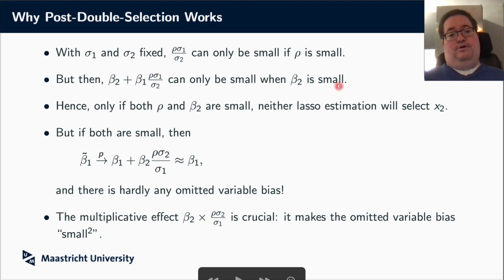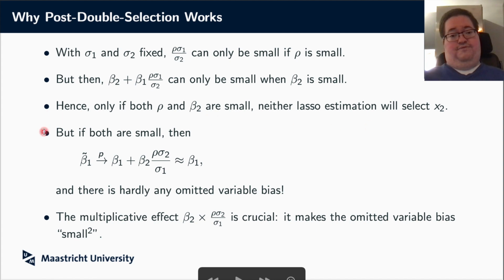But if that is small, when is the other coefficient, of y on x2, going to be small? Well, if rho is small, this part will become small. So that means beta 2 must be small as well. So you can only end up not selecting x2 if both rho, the correlation between x1 and x2, and beta 2, the coefficient of x2 in the original regression, are both small.